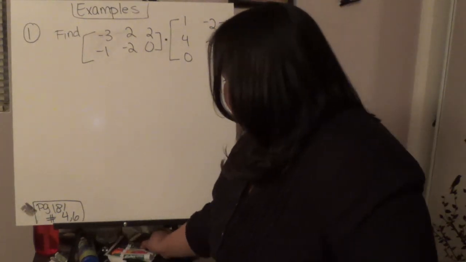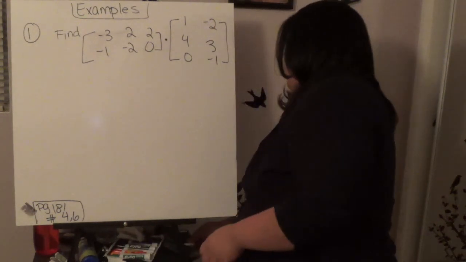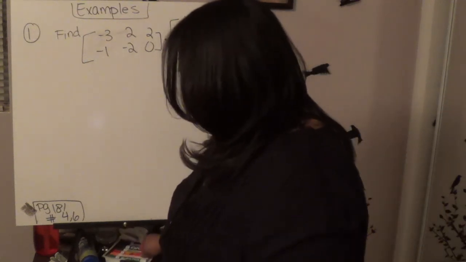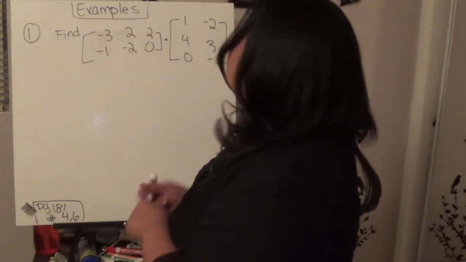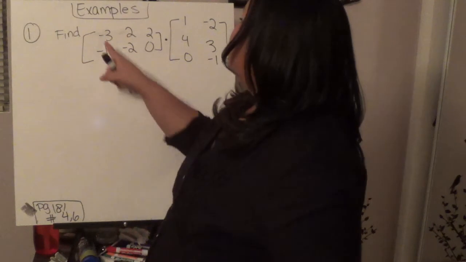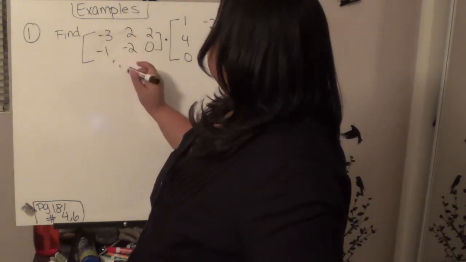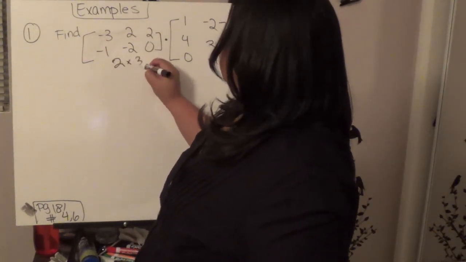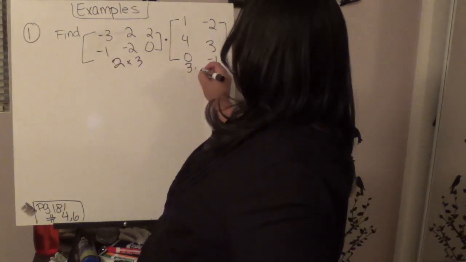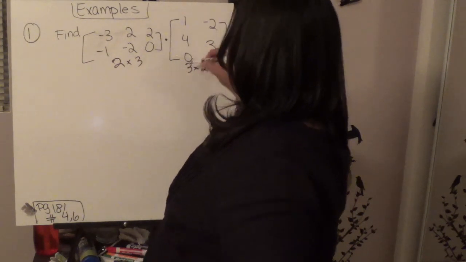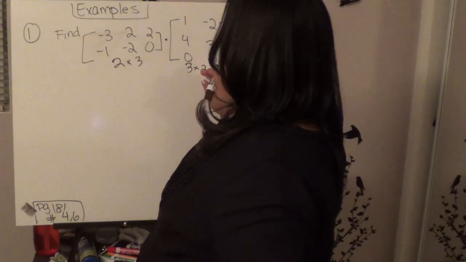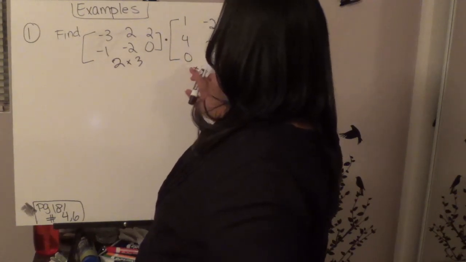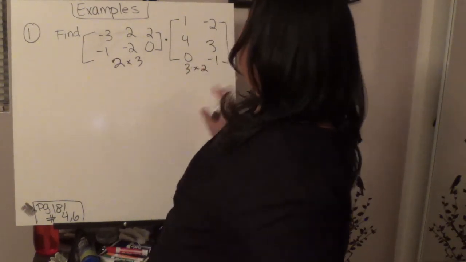You should have the notes already written down. So that means the first step is to check the dimension. So this has 2 rows and 3 columns. This has 3 rows and 2 columns, right?